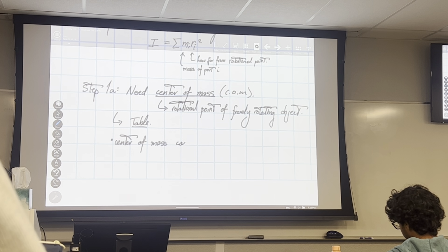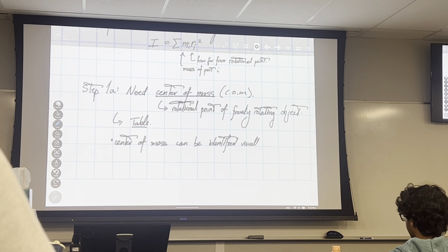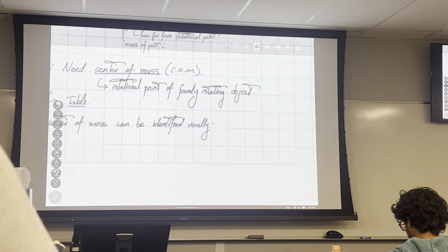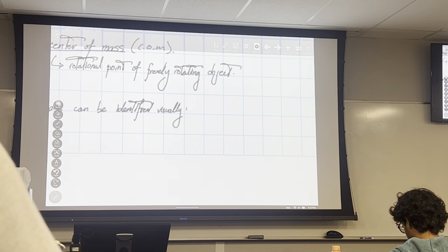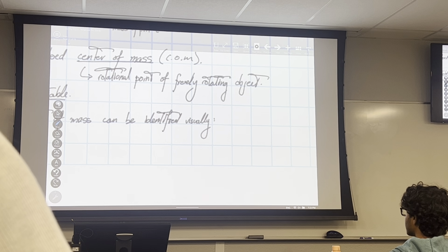So center of mass can be identified visually, where let's say you throw this pen and then you have a slow motion camera and you're tracking it. The center of mass is the point that is unchanging.